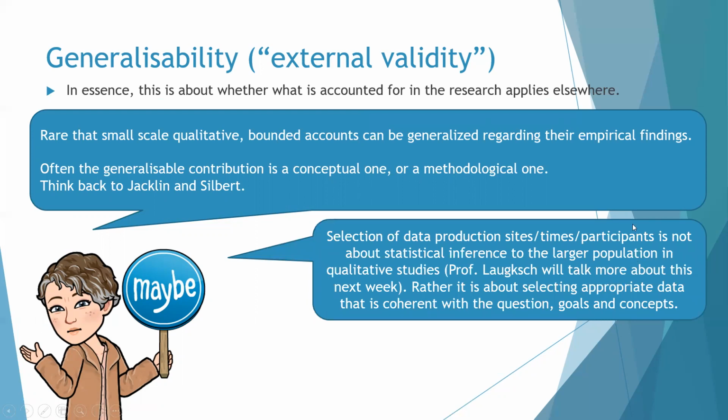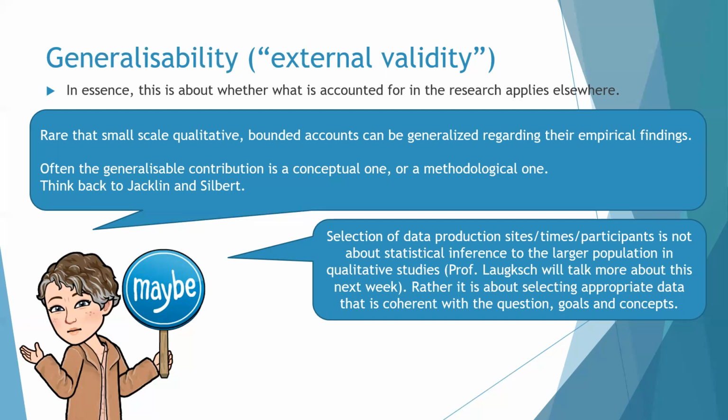The selection of data production sites, times, and participants in qualitative work is not about statistical inference to larger populations. Although there's a session in this course in the contact mode where Prof. Rudy Lauch talks about a quantitative study and what external validity means in that study.